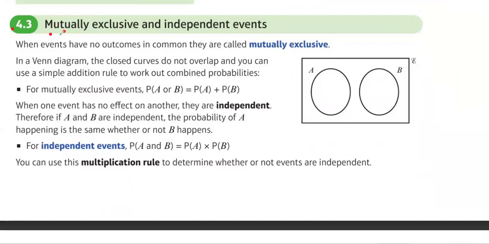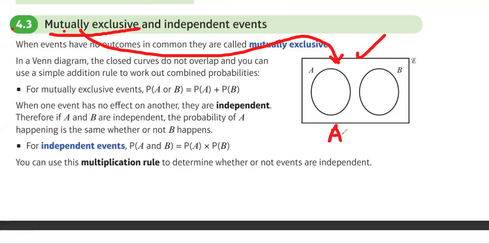Also this one, very, very important: mutually exclusive events. What is the meaning of mutually exclusive events? Not independent. It is a separate one. A and B are mutually exclusive events, therefore A intersection B equals 0. No intersection.